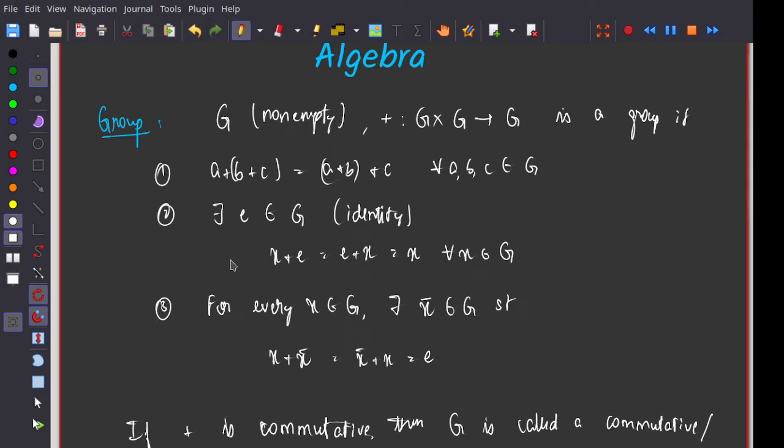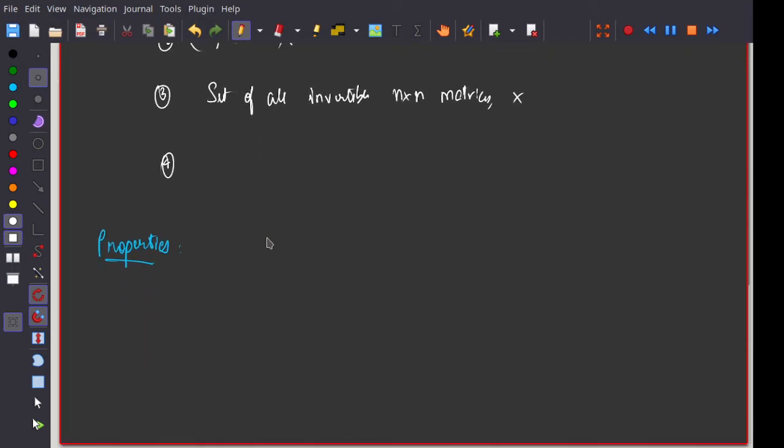For example, all we know is that there exists an identity, but given a group, can there be two different identity elements? For a given element, can there be multiple inverses? Is it possible or not? So it turns out that that's not possible. For any group G, the identity is unique.